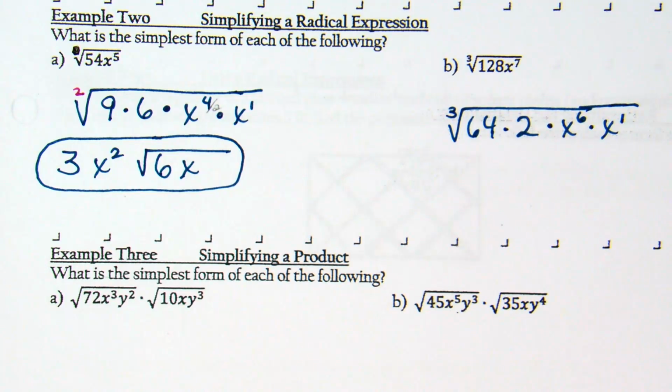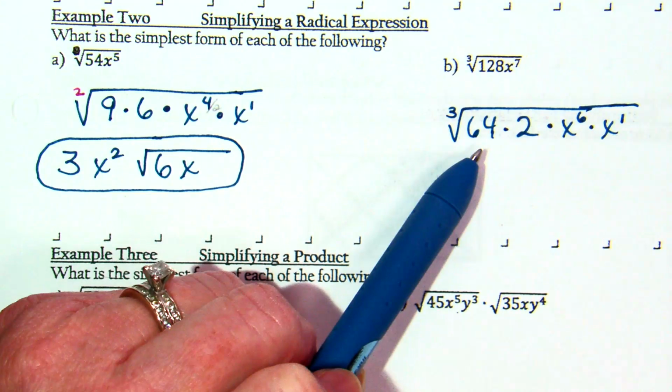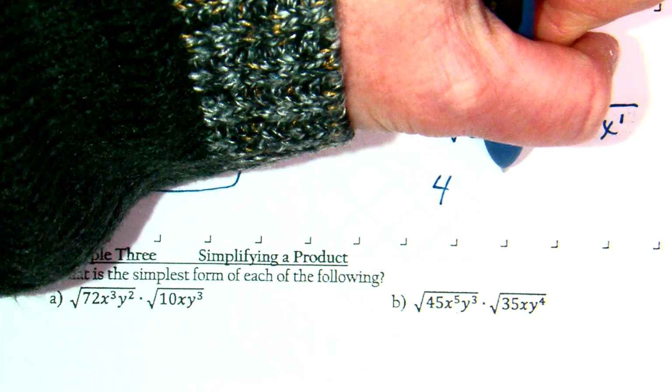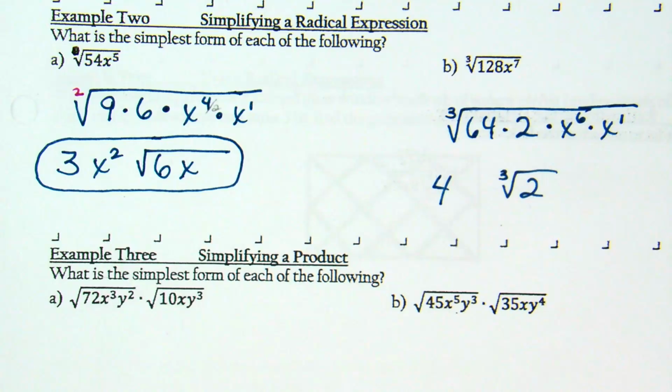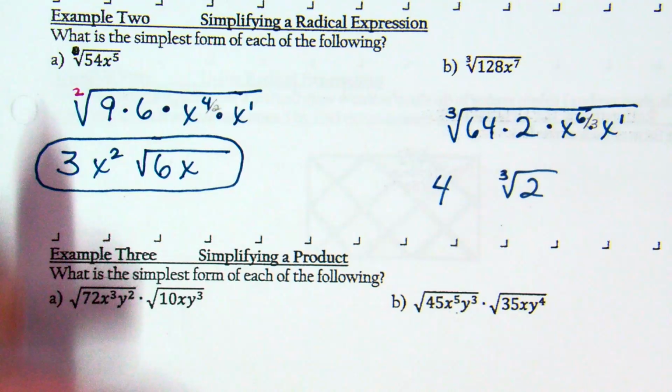Okay, guys, let's do it. Cube root of 64. 4. So that 4 is going to go outside. Cube root of 2. It's going to get you a decimal, so it's going to go under the radical. Cube root of 2. Cube root of x to the 6th. What do I do with that 6? Divide by 3, and it's x to the 2nd.